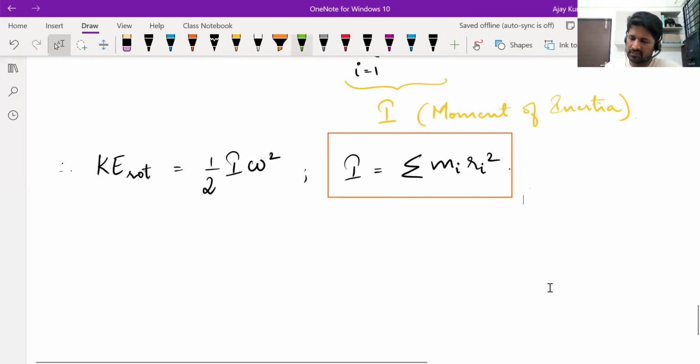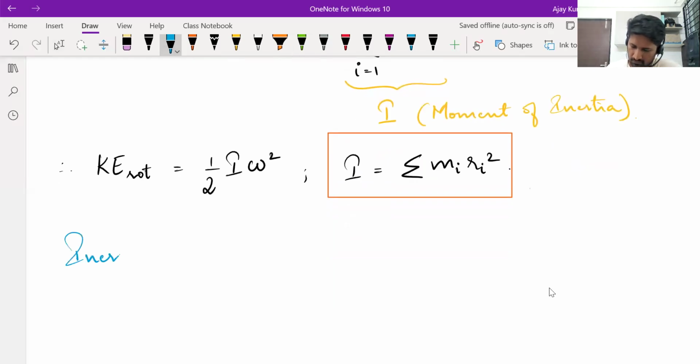Can any of you tell me what is inertia? So the inability of the body to change its state of rest or motion. Correct. You can say it's the tendency of an object to continue doing what it is doing. If it is at rest, it has a certain tendency to continue to be at rest unless disturbed.